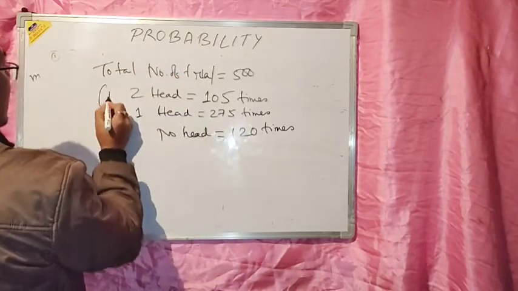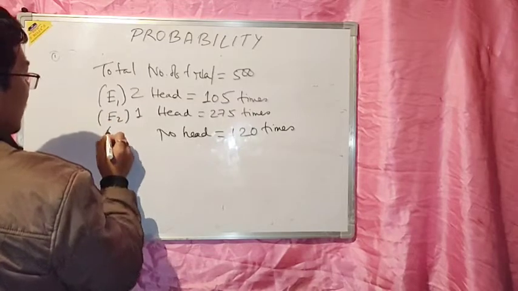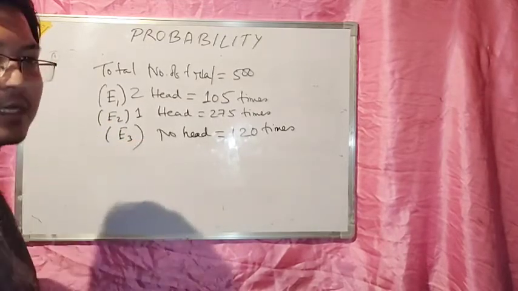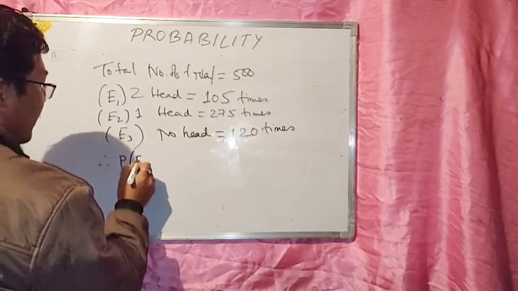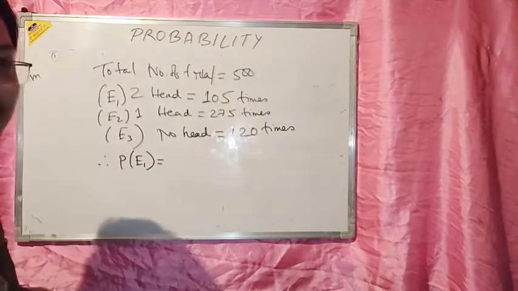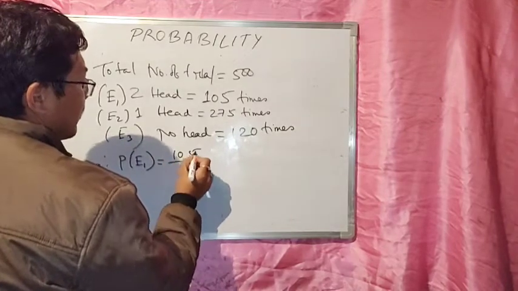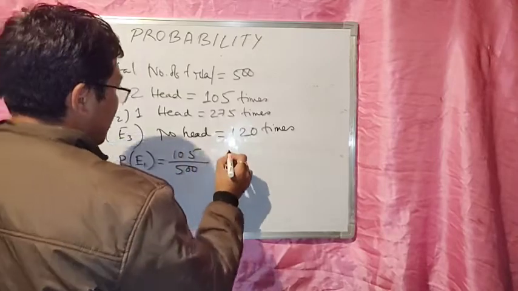Suppose this one is E1, this one is E2, this one is E3. Okay, I am writing like this. Therefore, probability of E1, or you can write probability of occurring 2 heads, is 105 over 500.